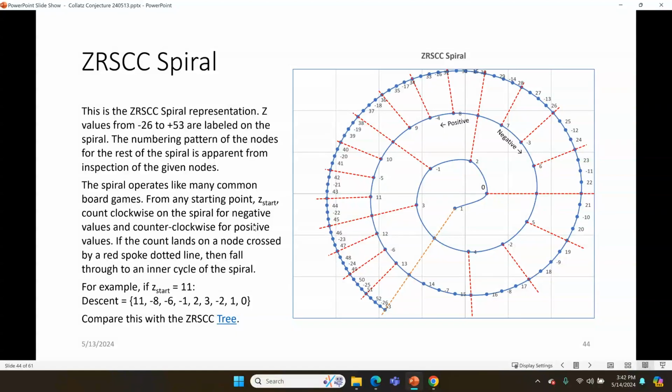And then the red spokes, the dotted line spokes, are the transition between cycles. You can see the spokes all tend to descend down to the inner cycles that eventually land on the root node at 0. And this is the main point of the spiral.